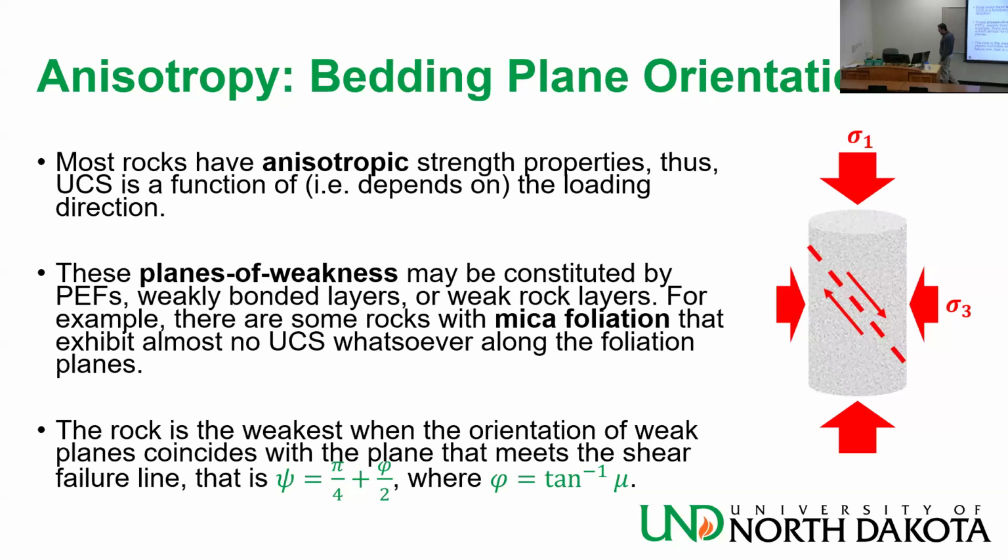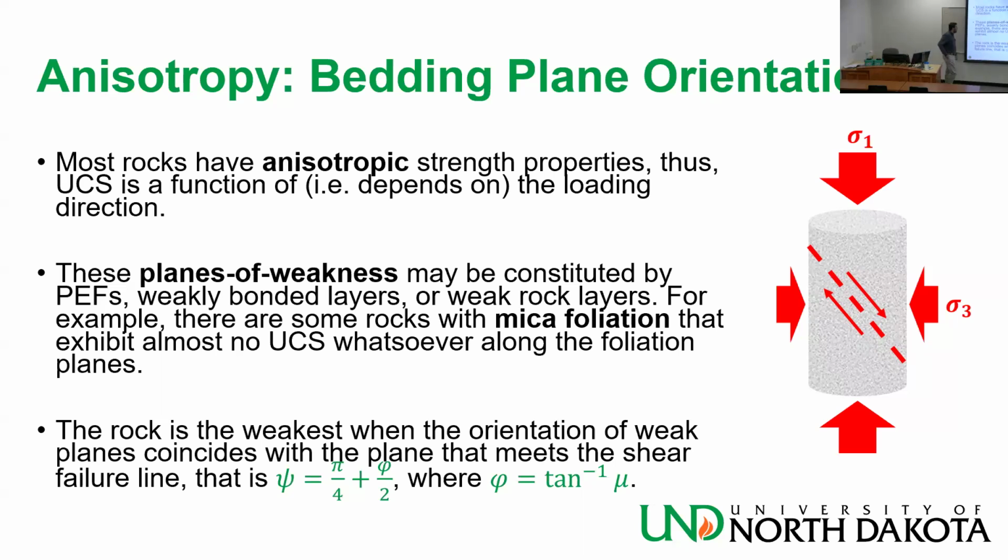Now, if I have layers in that direction, I basically have planes of weakness in that direction, the favorable direction to fail. So it makes it very, very easy to slip. I make it easier for the core to slip. So if I'm running a laboratory test with layering in that direction, I'm going to get very, very low strength estimations, or resistance to shear failure, for this core. I'm going to get smaller than what it really is.